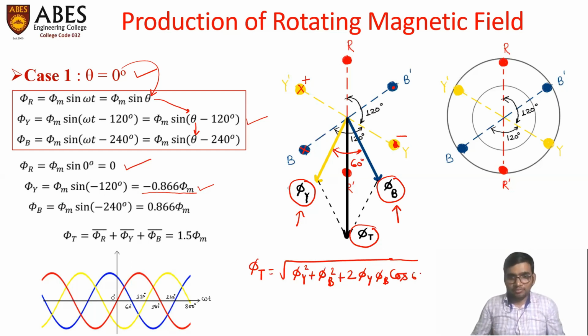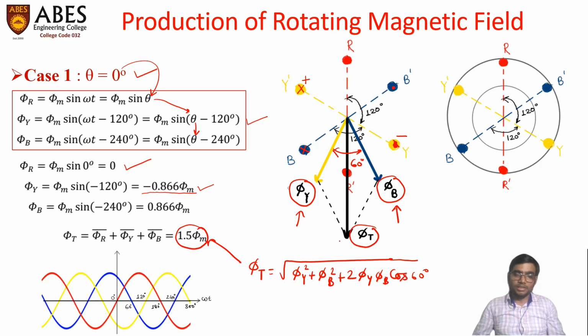So with cos 60, the resultant phi t becomes 1.5 times phi m, which is a constant value. So at theta equal to 0, the resultant flux will lie vertically downward.